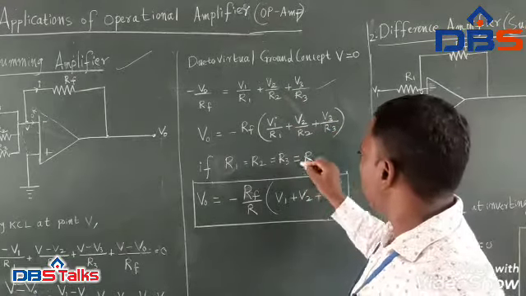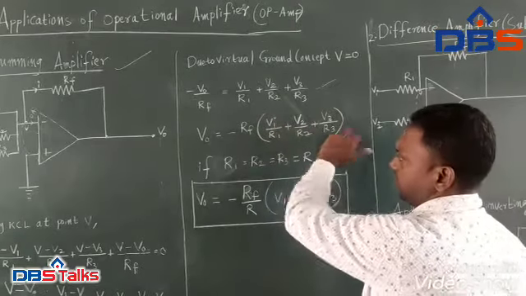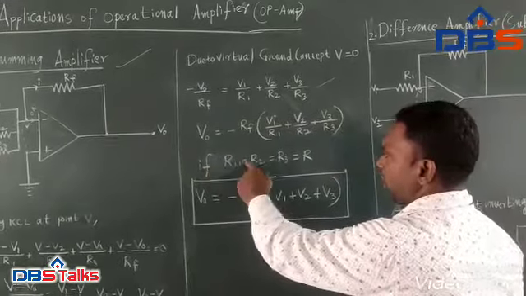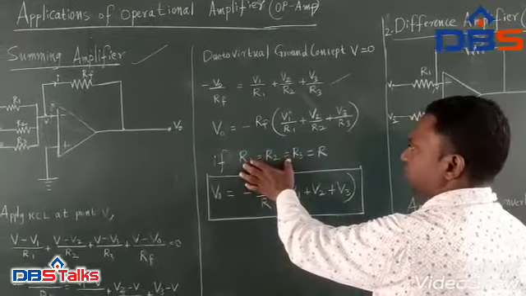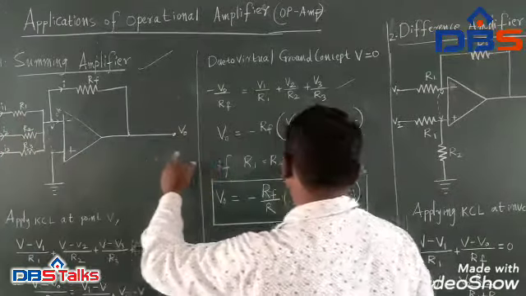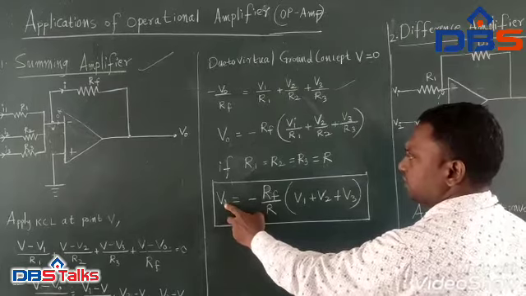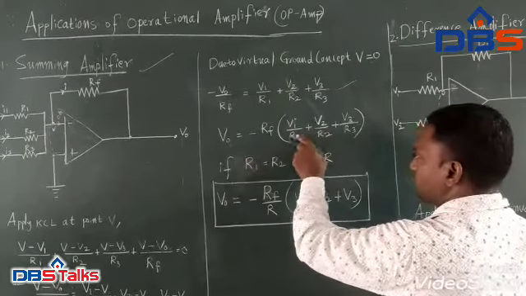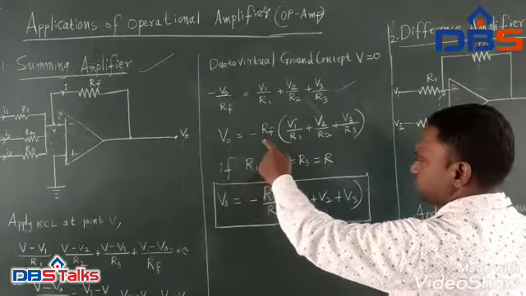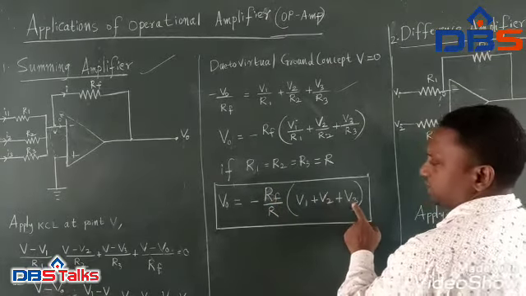Now we can observe clearly that these are the sum of the currents. Now if R1, R2, R3 are all equal, meaning the R1 value, R2 value, R3 value all equal R, then we can write V0 is equal to minus RF by R times V1 plus V2 plus V3.